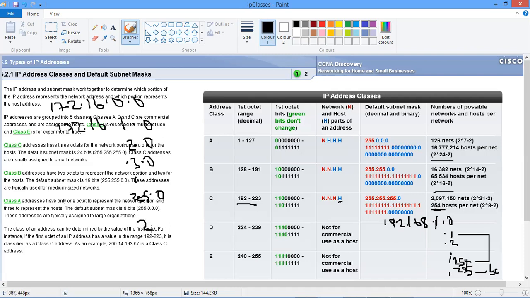I'll start again with 255.1, 2, 3, until I have 255.255. That's when I now have the very last one.